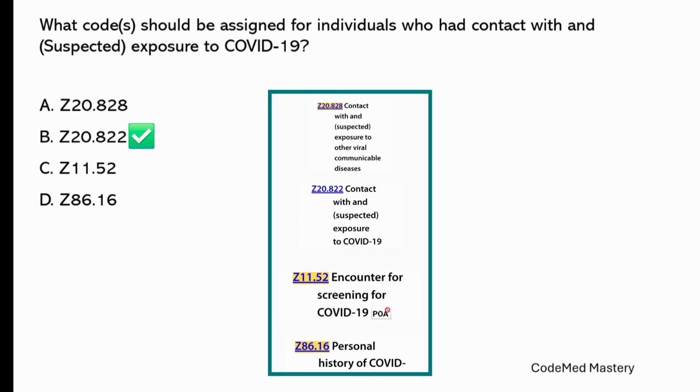We'll eliminate option A because it is for contact with and suspected exposure to other viral communicable diseases. So that is wrong. Option C, Z11.52 is for encounter for screening for COVID-19, which is not mentioned in the question. Therefore, eliminate option C, and option D is for personal history of COVID-19. That is also wrong. Therefore, the right answer is option B.